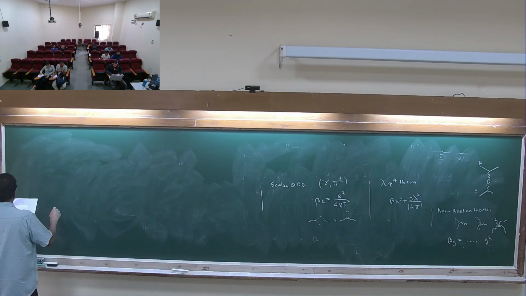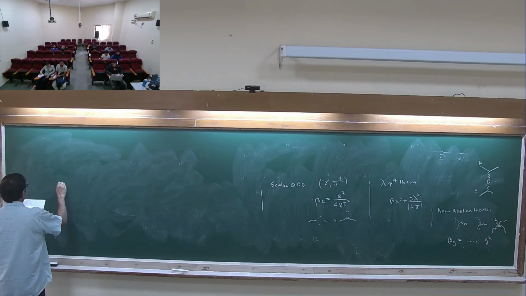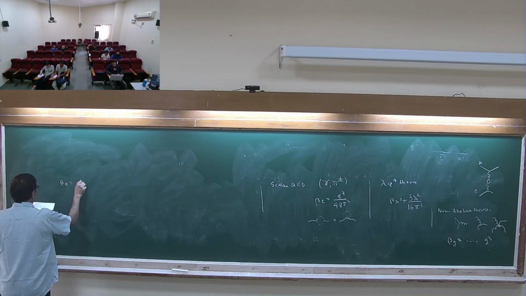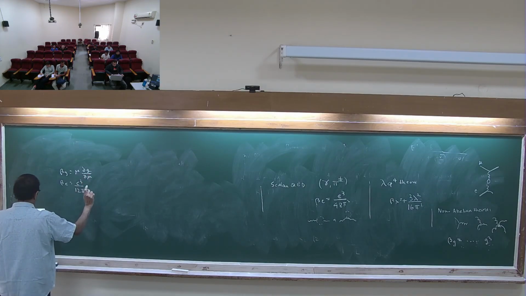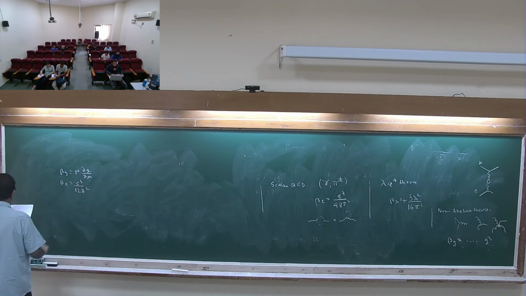Okay. So now with beta E equals E cubed by 12 pi squared and beta G equals mu dG by d mu, where mu is an energy, carries the dimensions of an energy.